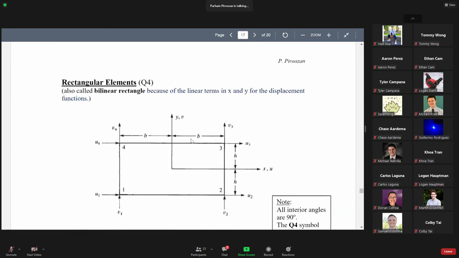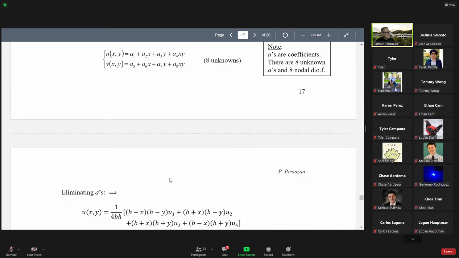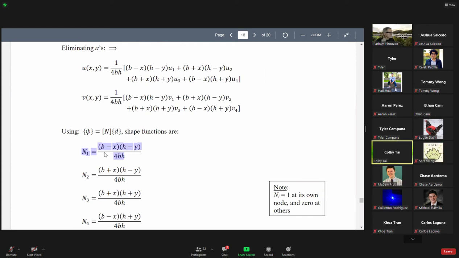If you want to see the dimension, this is this one. We are evaluating this at node 1, let's say. This is N1. Yes, you do. Yes. All right, I heard 2 people. Anyone else? Yeah, I agree as well.